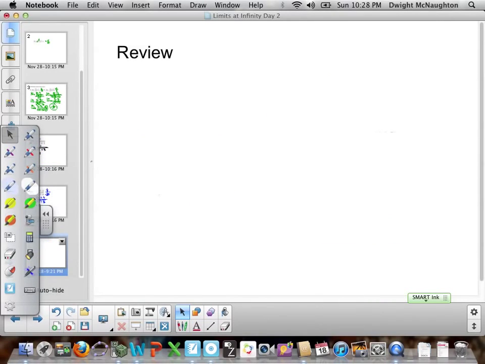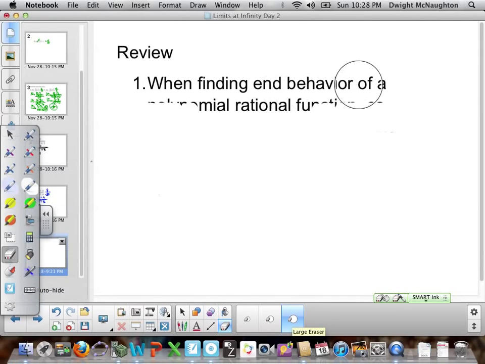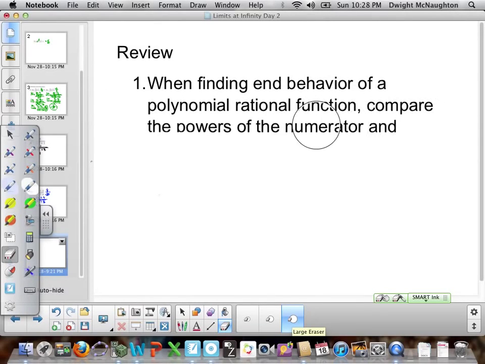And finally, in review, remember, when you are taking the limit as x approaches infinity, there's a couple things you need to do. If you're finding the end behavior of a polynomial rational function, that is, there is no square root, compare the powers of the numerator and the denominator. Remembering that if they're equal, you divide the coefficients.